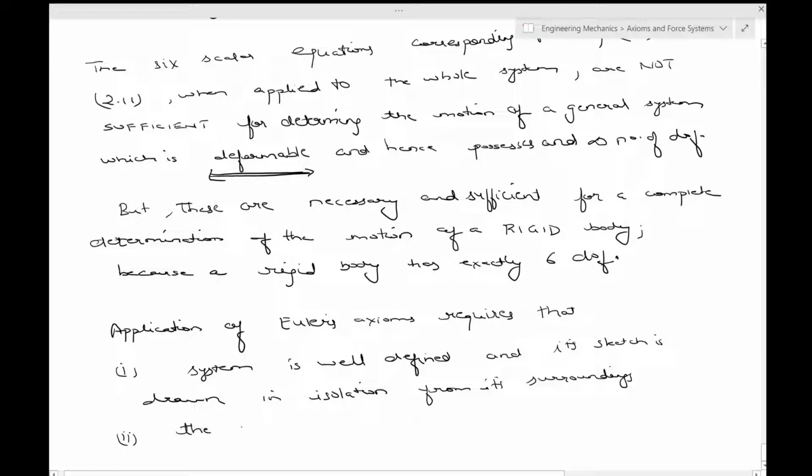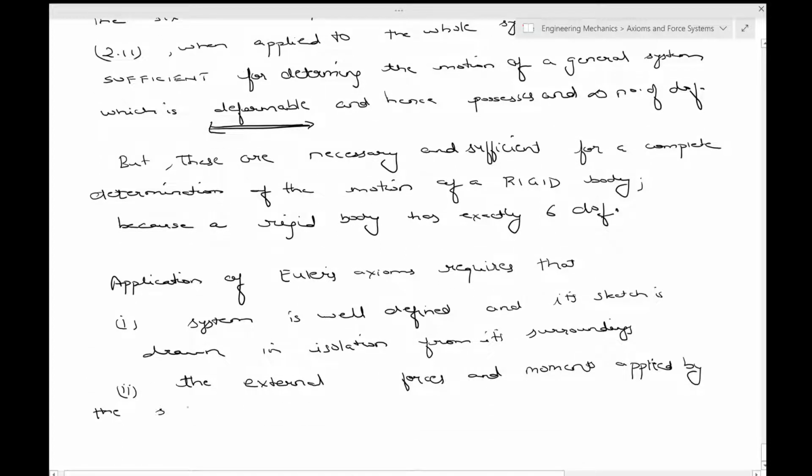The second requirement is that the external forces and moments applied by the surroundings on the system should be drawn on it.